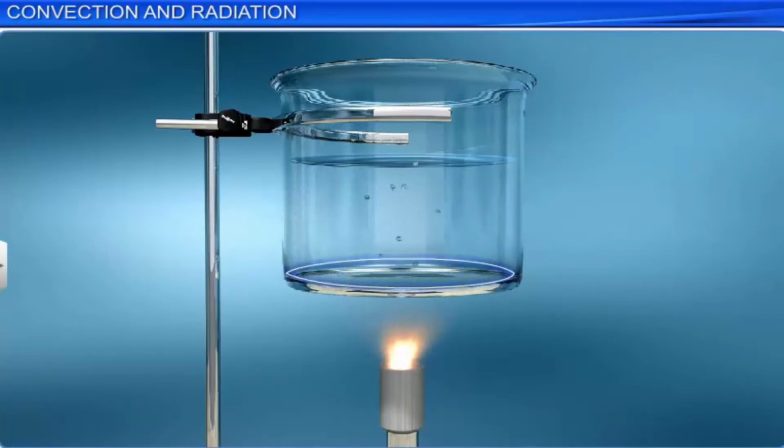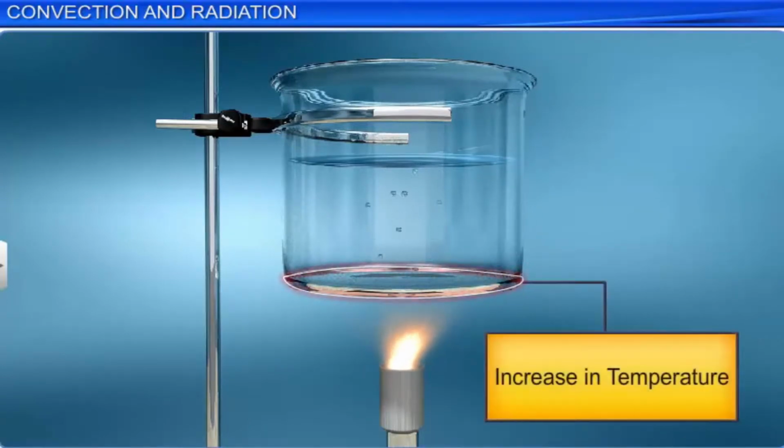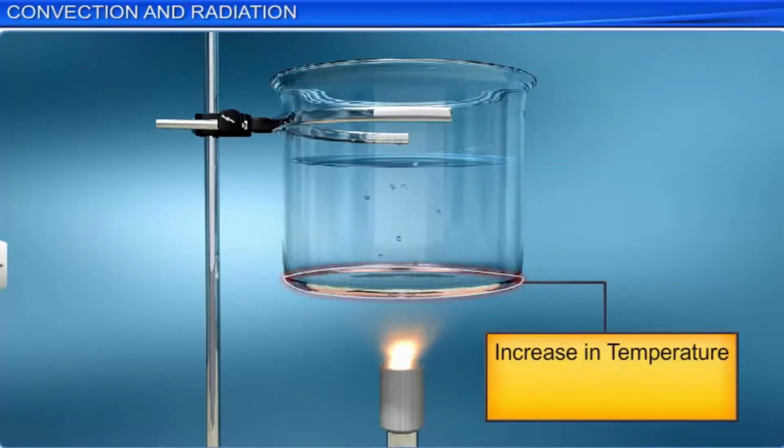The water that is in contact with the bottom of the container absorbs heat by conduction, and its temperature increases. Because of a rise in temperature, this part of water expands, and as a result, its density decreases.